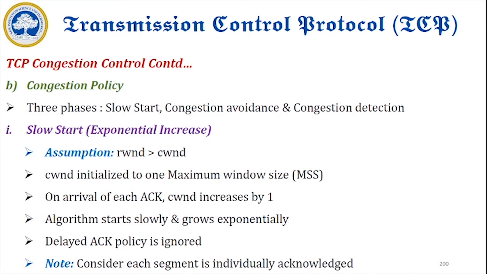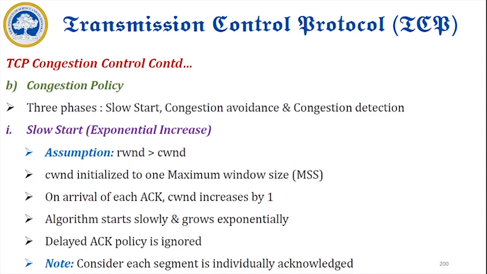Now we'll see about slow start. As the name suggests, this algorithm starts slowly but grows exponentially. The slow start algorithm is based on the idea that the size of the congestion window will always start with one maximum segment size.